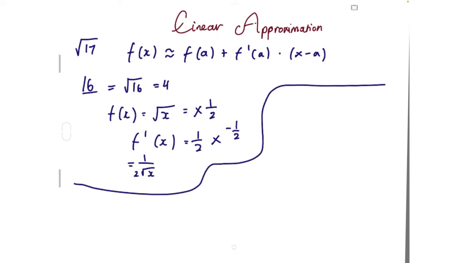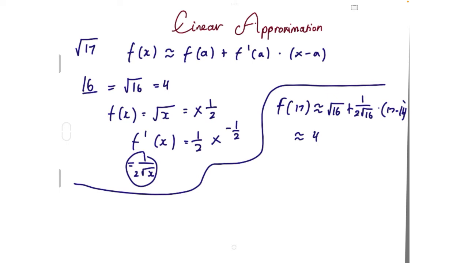So I should be having f, which is root 17, approximately root 16 plus, we're going to have this one, 1 over 2 times the root of 16, times 17 minus 16, which gives us approximately 4 plus, it will be 1 over 8, and then 17 minus 16, which will give us 1.